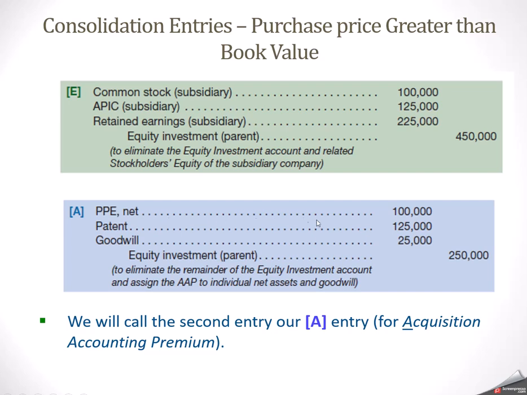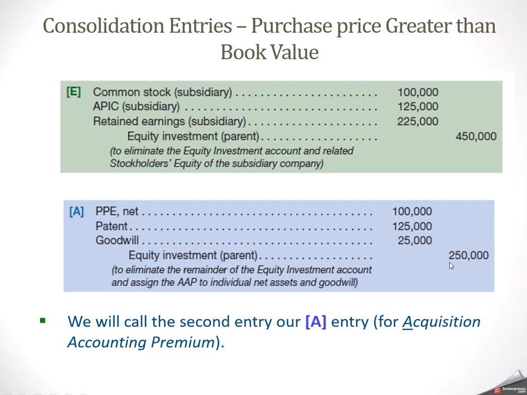So we're increasing the value of property, plant, and equipment to bring it up to its fair value. So that's a debit. We are recording a patent that they probably developed and could not value, but we are purchasing it so we can value it, and we're going to debit that for $125,000, and then the remainder goes to the intangible asset called goodwill.